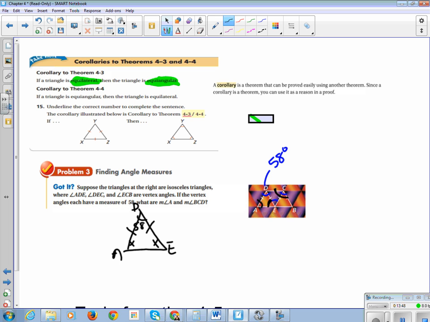So I'm going to say that 58 plus 2x is equal to 180. Subtract 58 from both sides.